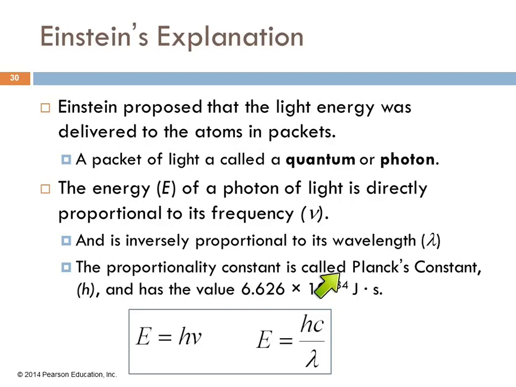And there's its value, and you definitely don't have to memorize that: 6.626 times 10 to the minus 34th joule seconds. So E equals h nu, Planck's constant times the frequency, or E equals hc over lambda, where c is the speed of light in meters per second, and lambda would be the wavelength in meters, because nu is c over lambda. So these are the same thing, right?